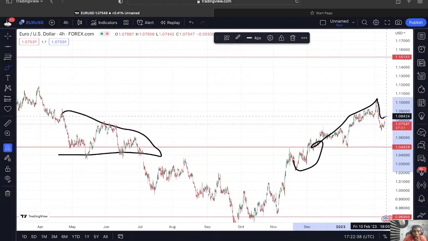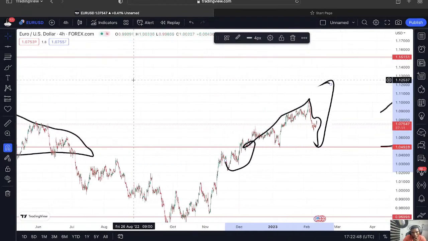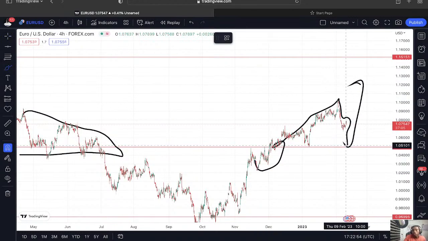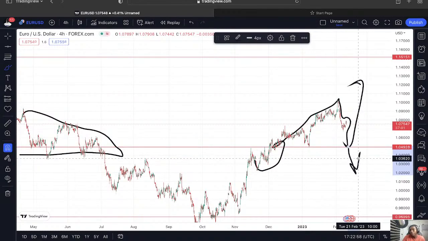In the daily time frame, we saw that price may most likely drop to this level before going back up, or in some cases, all things being equal, price drops further.